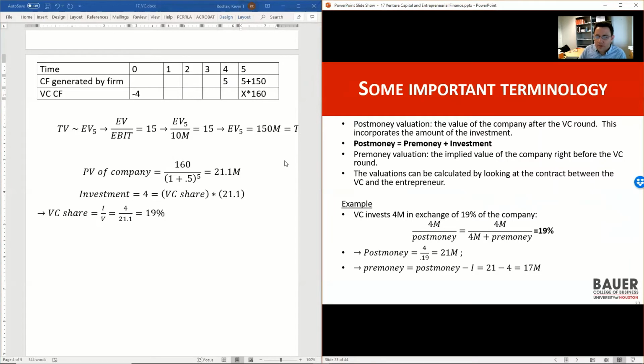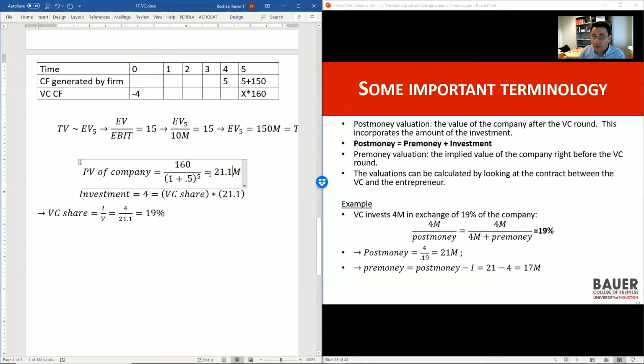There's some important terms to know. Post-money valuation and pre-money valuation. The post-money valuation would be the value of the company after you invest. So for this company, the VC is valuing it at 21.1. That would be the post-money valuation. The pre-money valuation is simply the value of the company minus the investment amount.